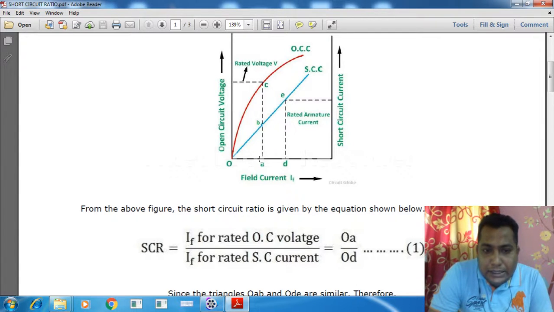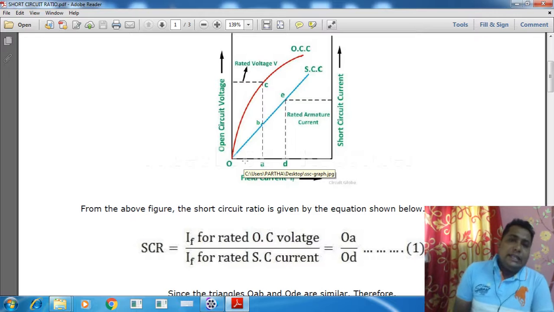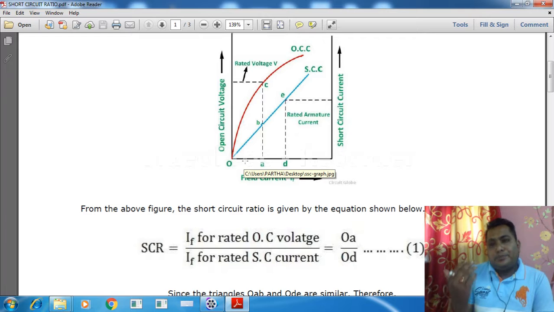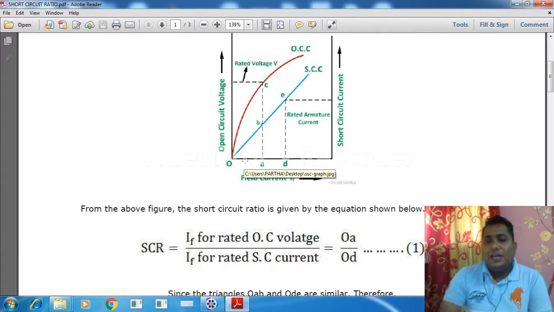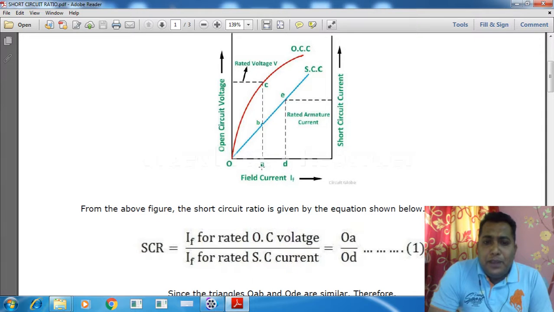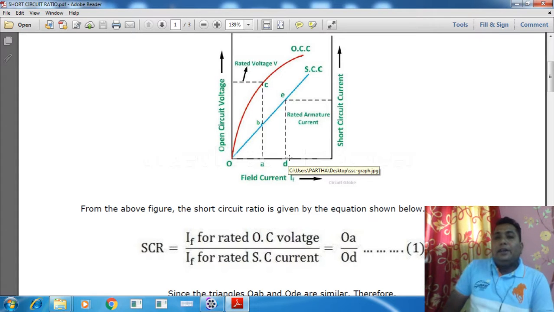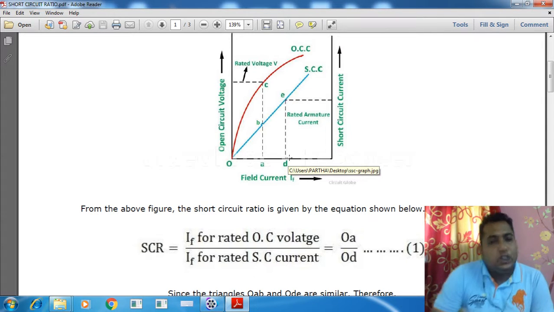If we apply this amount of field current, denoted by OA, then in the open circuit case there will be a terminal voltage appearing that is equal to the rated voltage of the armature winding when it is open circuit. And now we have to give this OD amount of field current when the rated armature current should flow through the armature winding at the short circuit condition.